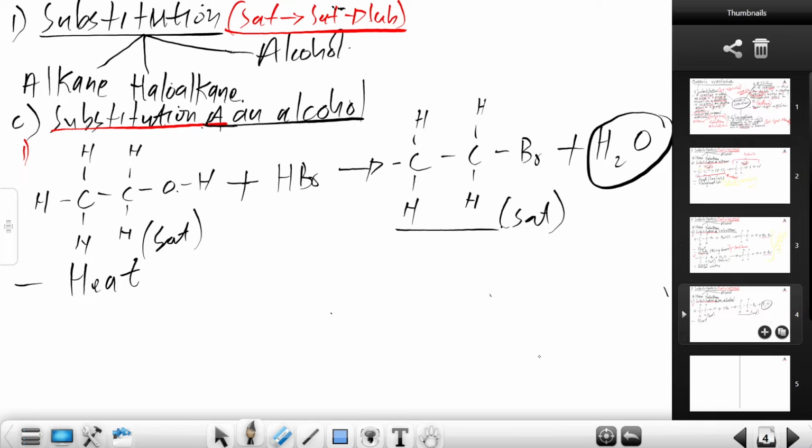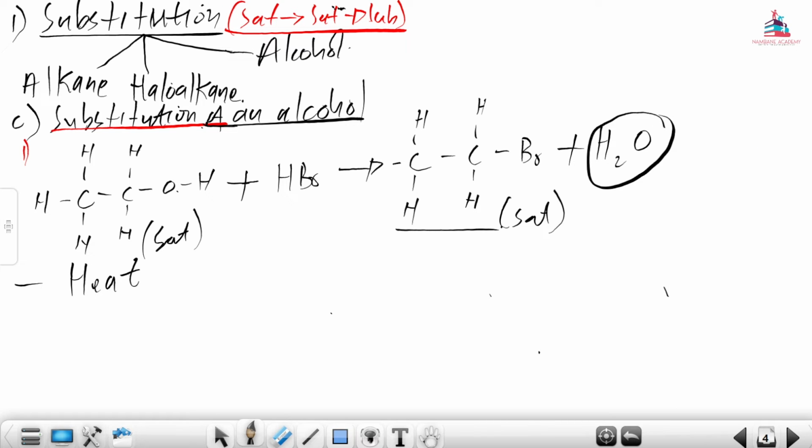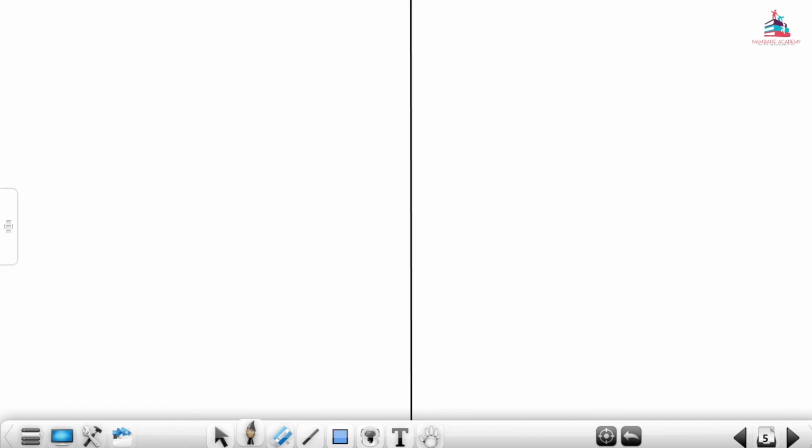I think I explained in detail. So I'm going to make a summary. Like I did say, this is just me trying to explain in depth how we can understand that. So now let's go to addition reaction. There's quite a lot to say about addition reaction.